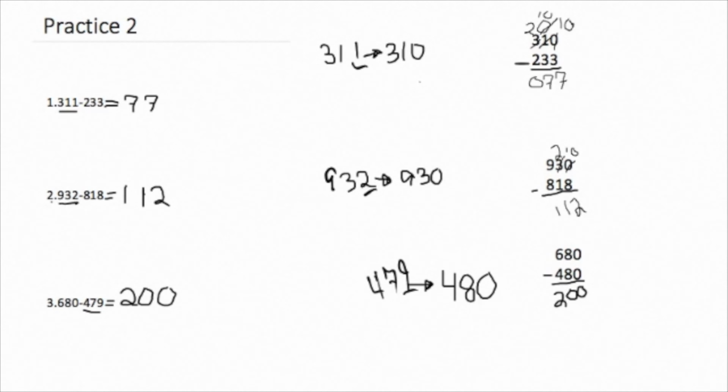So 479, and 9 is bigger than 5, so you have to round up to 480. Now, subtract 480 from 680, because that's what you had in the beginning, to get 200. And 200 is what you should have gotten. And that's it. Now on to the test.